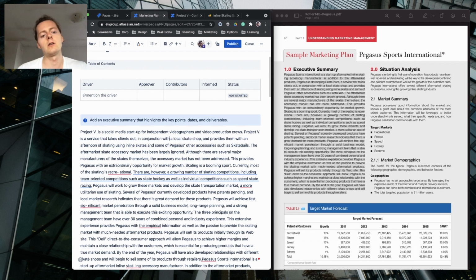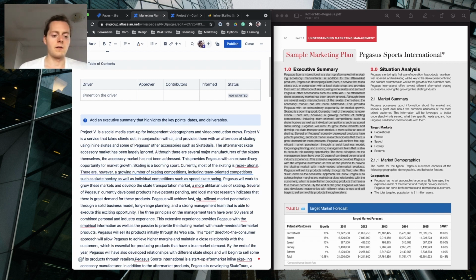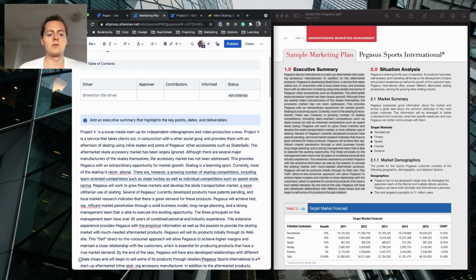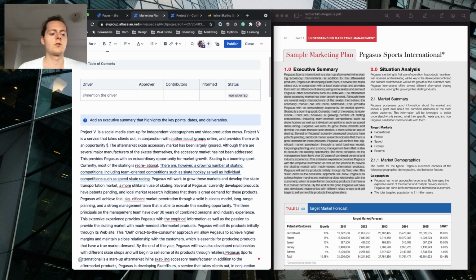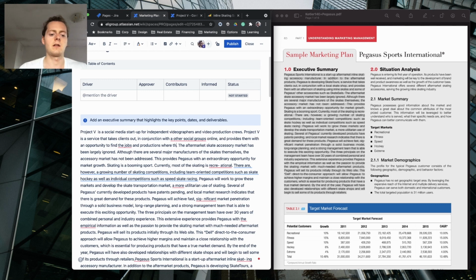Takes clients out in conjunction with other social groups online and provides them with an opportunity to find the jobs and productions where they can contribute.